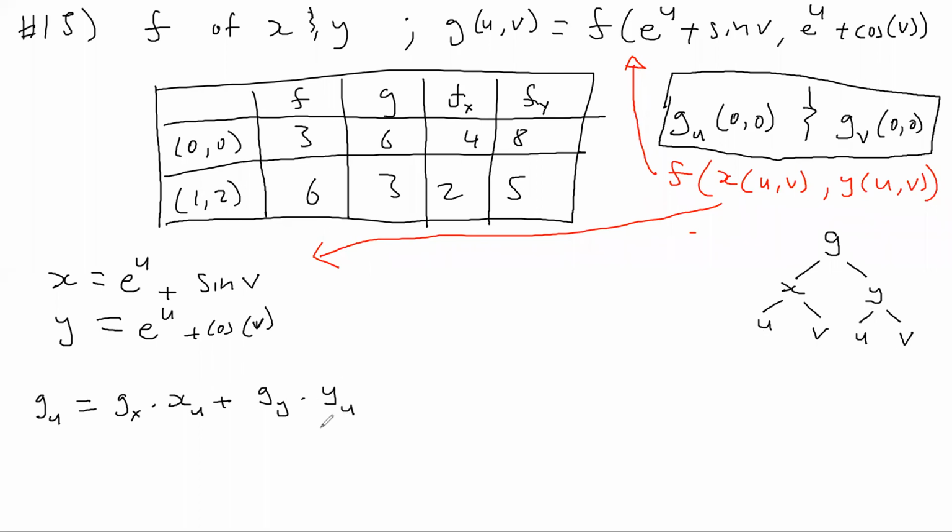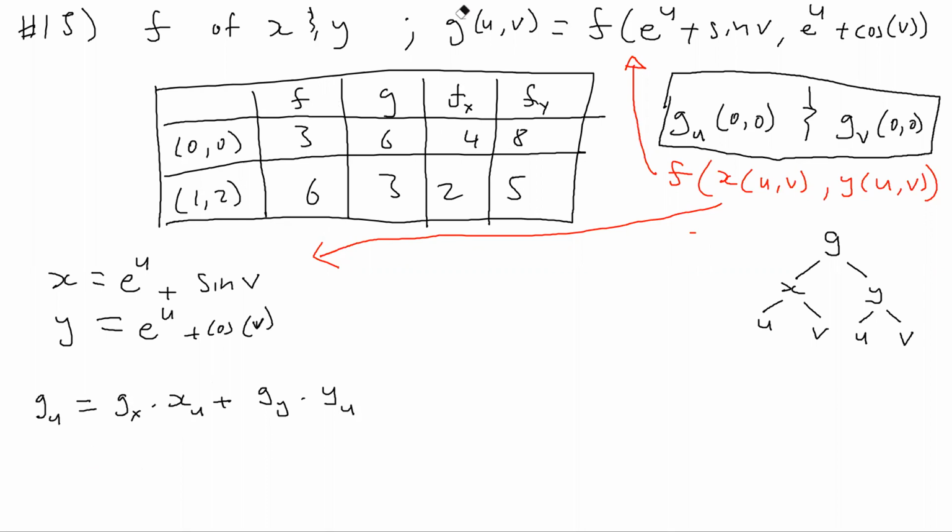In this question, they actually give us the g values and the f values, the f sub x values and the f sub y values. I'm just going to rewrite this in partial derivative notation.